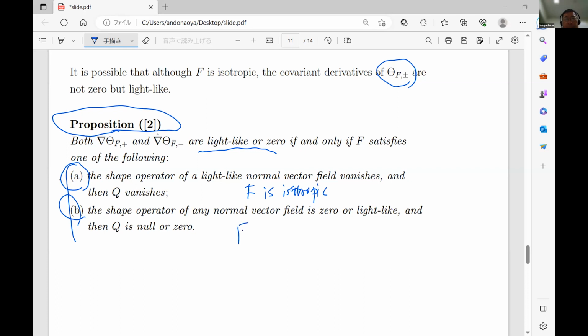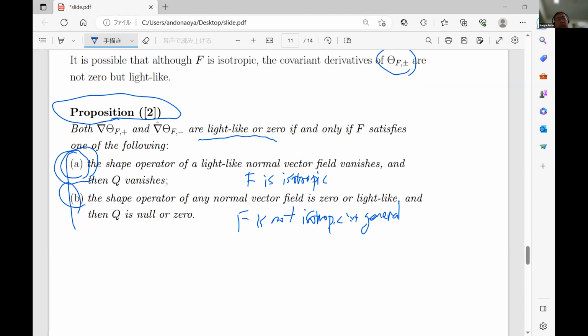Then F is not isotropic in general. But by this proposition, it is natural to have interest in not only condition A, but also condition B.